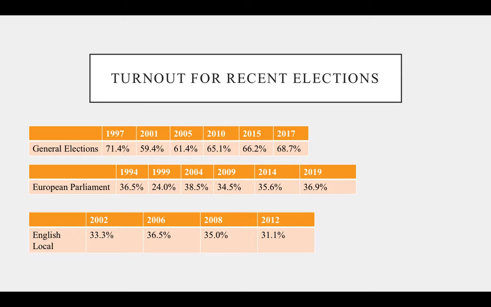I'm not sure. Anyway, the next type of elections are European Parliament elections, and these are significantly lower, almost half the turnout. People are voting at a percentage of between 30 and 40%, with 1999 being the lowest turnout at 24%, which is significantly low.